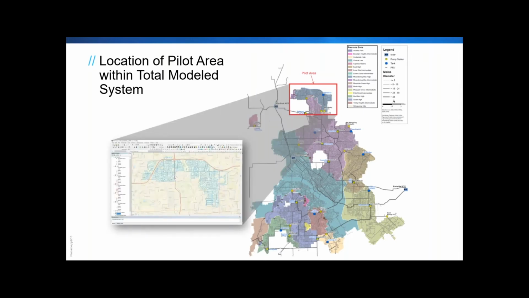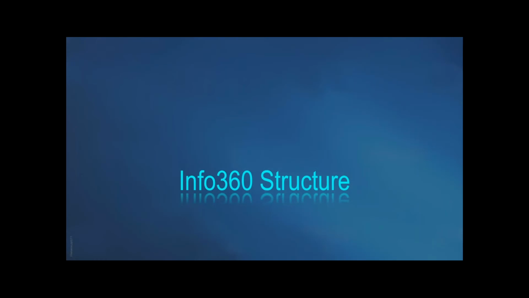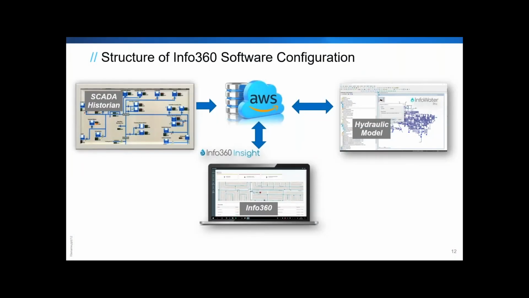So we pulled out a piece of that calibrated model and recreated it, readjusted it, so it was just a small model, individual by itself. We then looked at connecting Info360 to this as a pilot to show Dallas how Info360 could be used and what the advantages are. As a pilot, it was relatively inexpensive, and then they could move to a much bigger program if they found it useful.